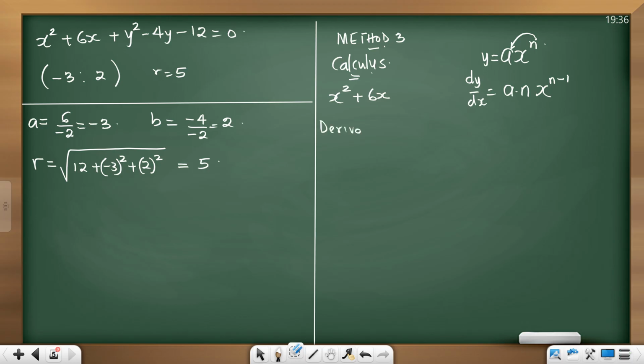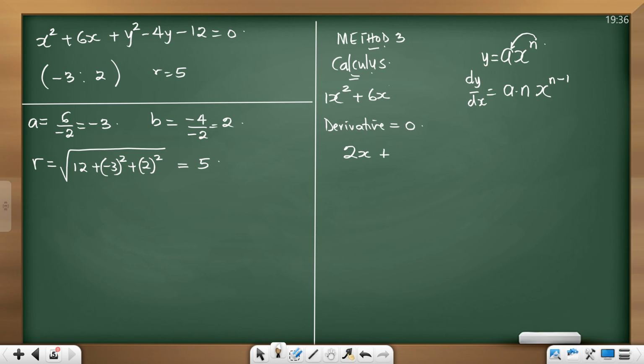So basically the derivative should be equal to what? 0. And that will give us the value of a. Let's derive. There's a 1 here, right? What is 2 times 1? 2. We subtract 1 from that exponent, which gives us 1x.